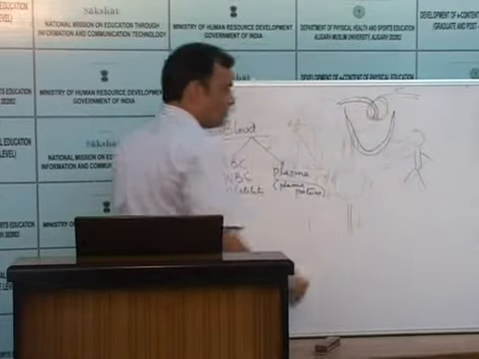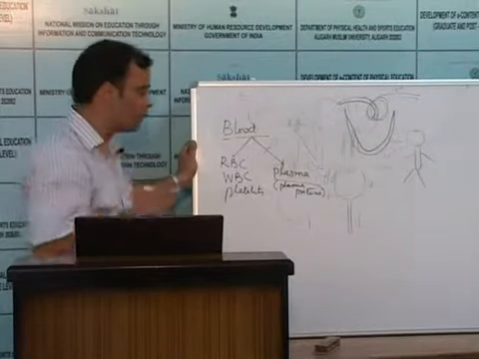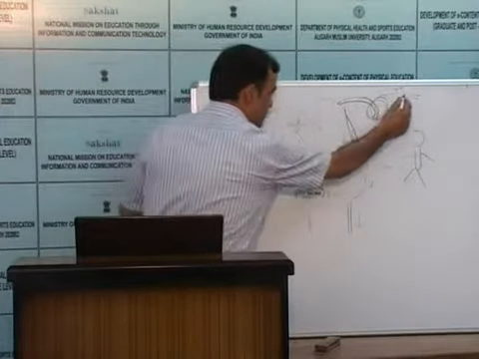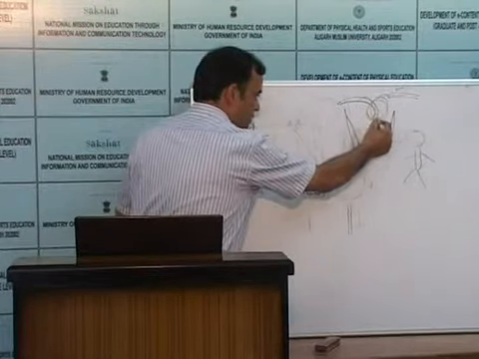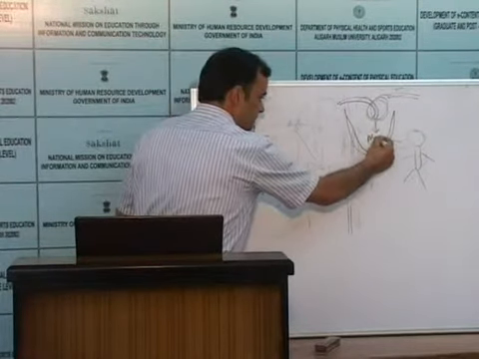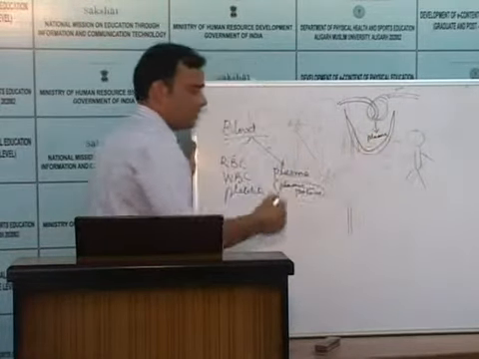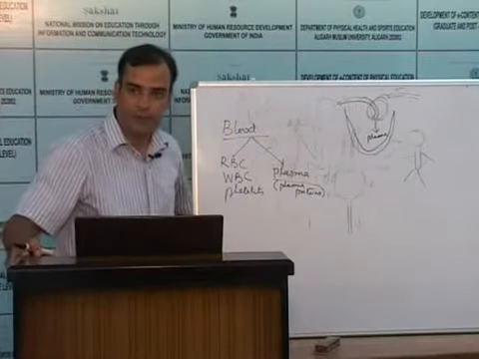Now these glomerular capillaries have small pores. When blood enters into this, through these small pores, the plasma is filtered into the Bowman's capsule.